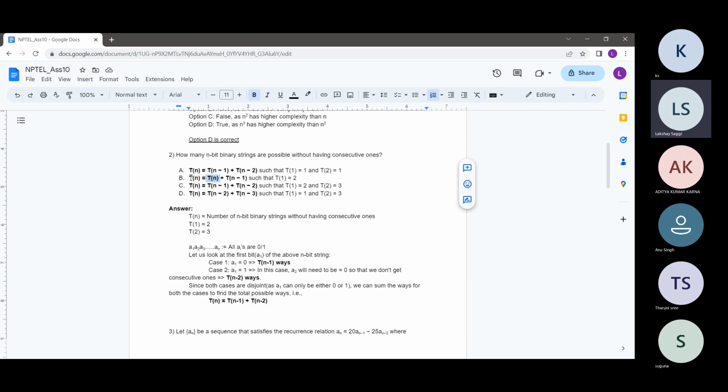The second is t of n is t of n plus t of n minus 1, which is incorrect, as we had n minus 1 plus n minus 2. D option is also incorrect. It says n minus 2 plus n minus 3. And C option says t of n is t of n minus 1 plus t of n minus 2, and t of 1 is 2 and t of 2 is 3. So option C is correct.